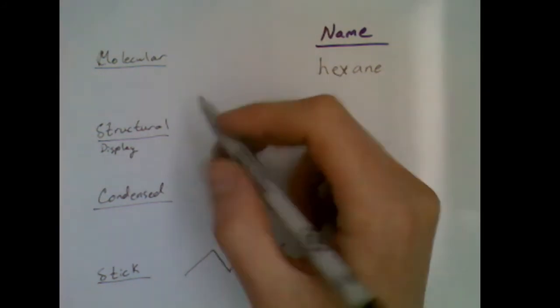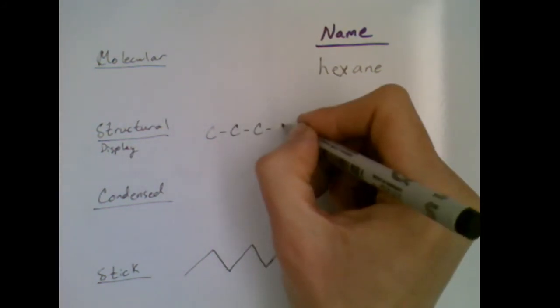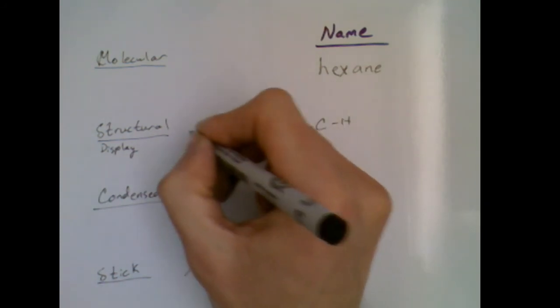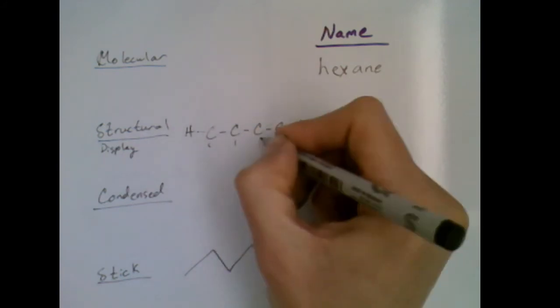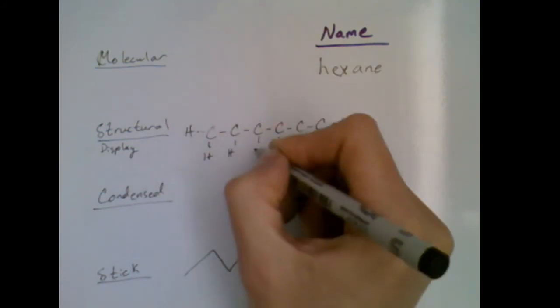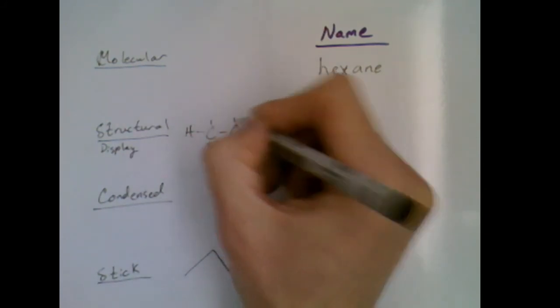Now, structural or display formula, so 6 carbons, all drawn in a row, separated by single bonds. And everything else is going to be filled out with hydrogens. So we need an H, H, H, H, H, H, and then on the top.